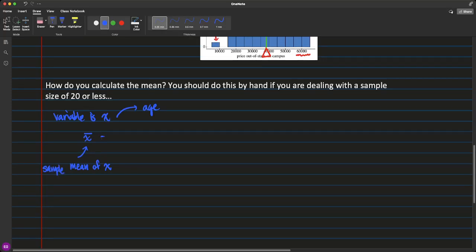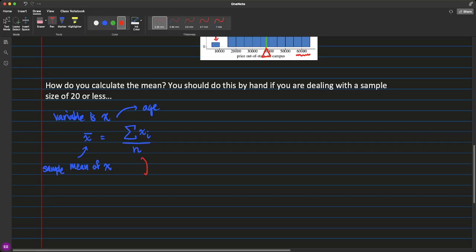So how do you calculate the mean? You take all your numbers and you add them together. The way you write that down is with this Greek sigma in math. This means add up all your numbers. So x_i means the different numbers, so it says add up all the different numbers, and then divide by how many numbers you had.